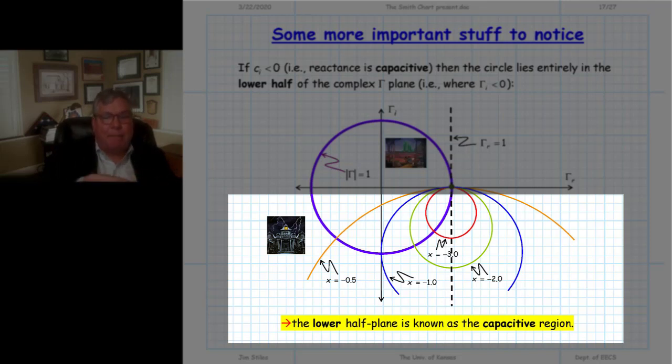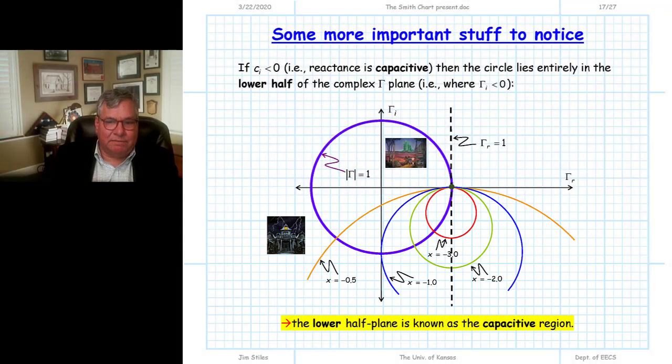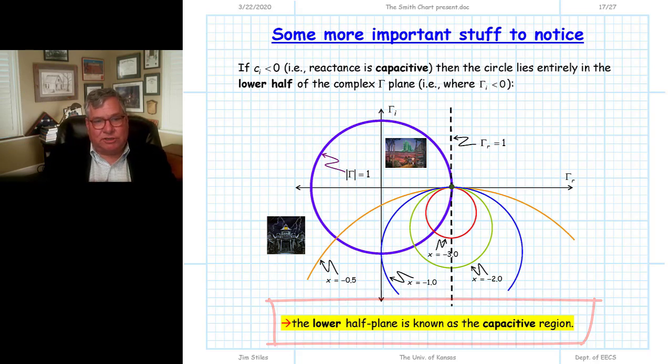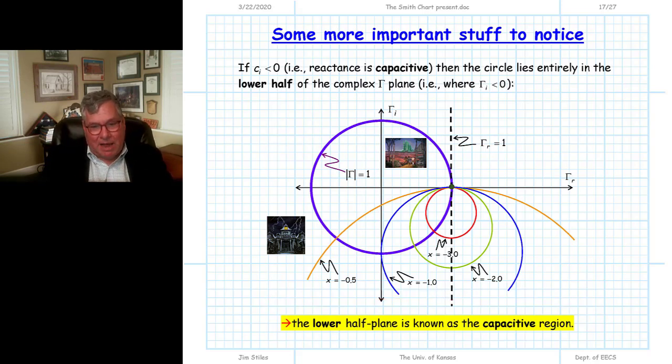Those contours map onto circles that are likewise below the horizontal axis on the complex gamma plane. And so the lower part of the complex gamma plane is known as the capacitive region. Impedances that have a negative reactance will always map to a point which is below the horizontal axis in the complex gamma plane. So we call this the capacitive region. Otherwise, the circles that result are just sort of a mirror image of what we had for the positive case.